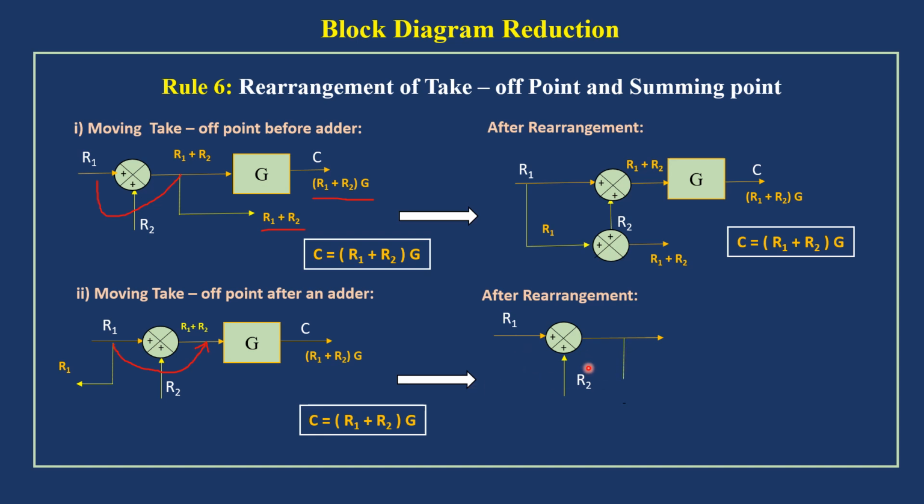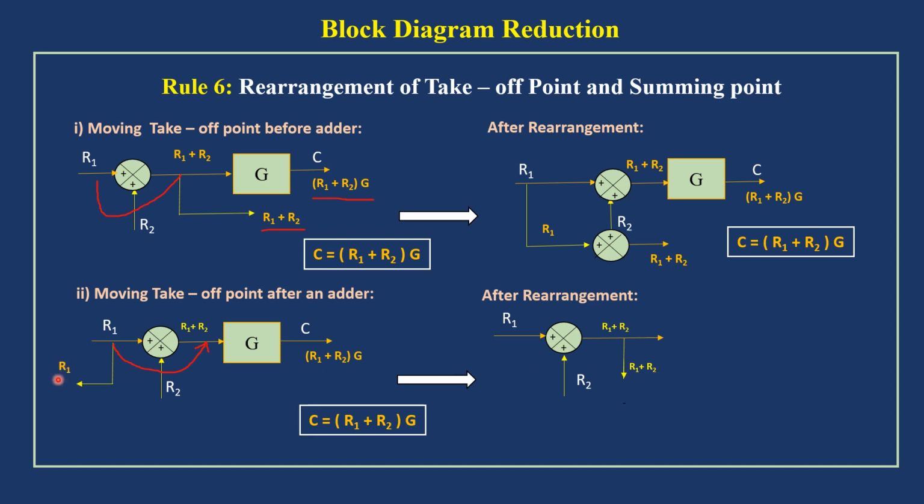R1 is given as input, R2 is given as input for the summing point, and the takeoff point is shifted after the summing point. Now we will find the output of the takeoff point. What is the summing point output? R1 and R2 are added, R1 plus R2. From that signal flow, the takeoff point is taken out. So that takeoff point output will also be equal to R1 plus R2.